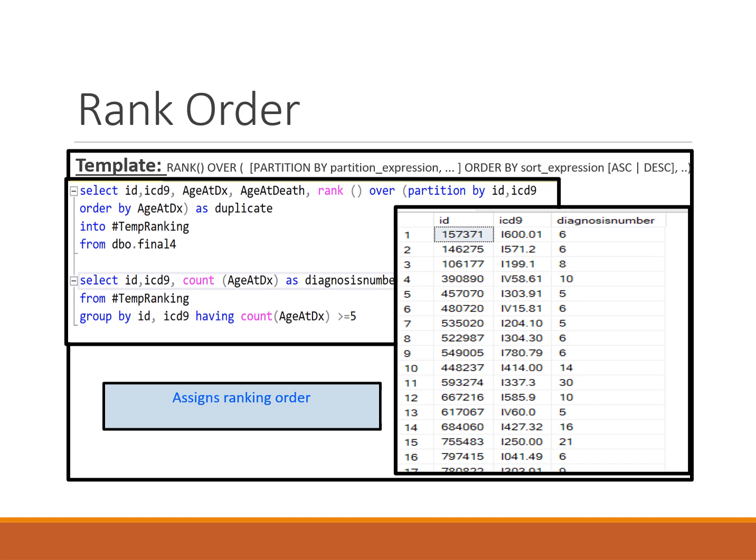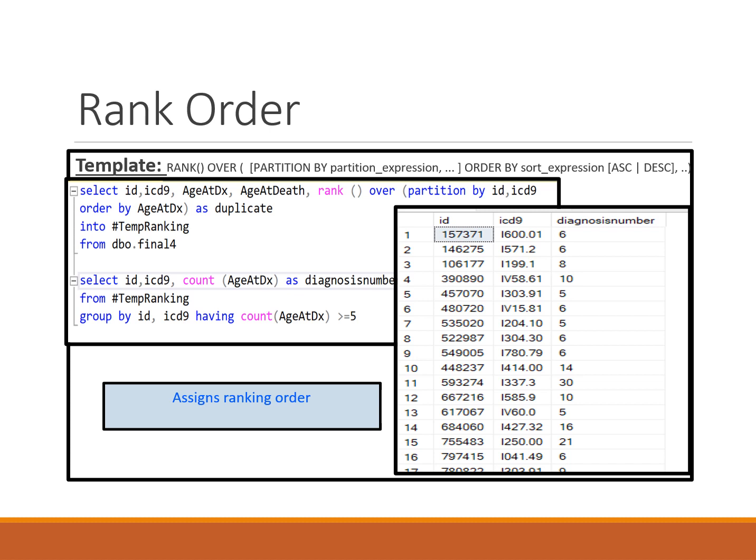This example demonstrates the use of the rank order function. In this example, we are using rank order to rank the diagnosis based on the occurrence of the ICD-9 code using the primary key ID. We also have a specified condition listed to count how many patients may have the same diagnosis repeated at least 5 times.